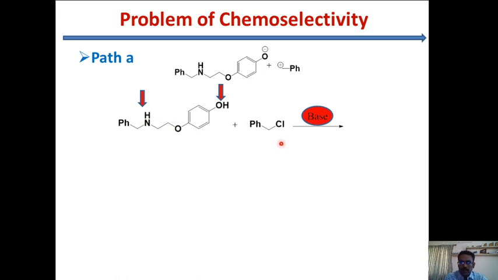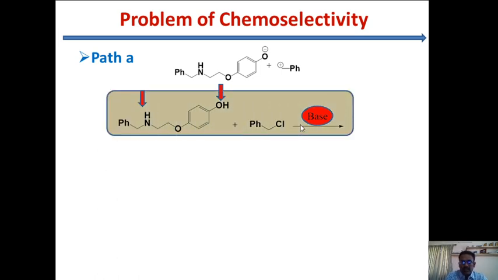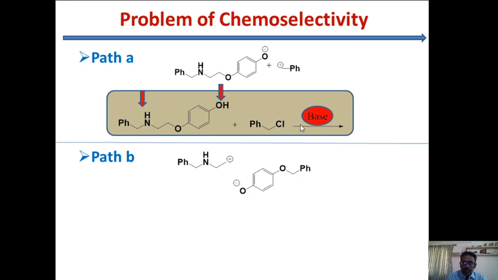Along with it you will have this another one also. So here we have the chemoselectivity problem. So you can easily eliminate this approach, breaking the bond A, because that will give you a chemoselectivity problem. Then you choose the path B, where you have these two synthons. Okay, after breaking the bond B, you will have these synthons, where you can easily find out the synthetic equivalent for this one.